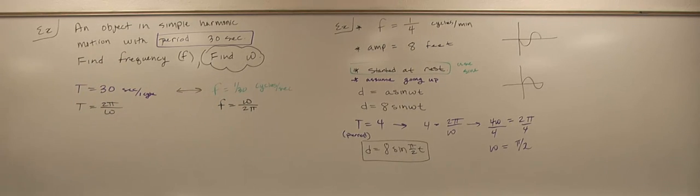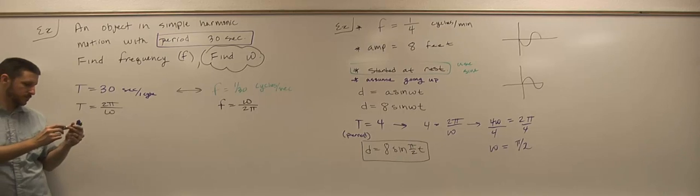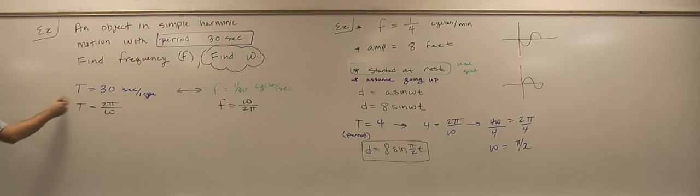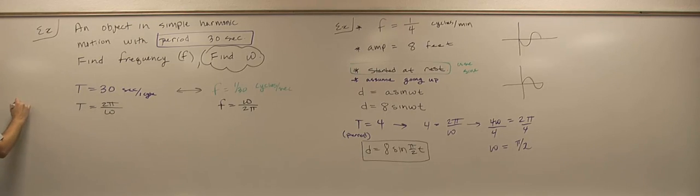I usually use this one because this is the one I remember from graphing sine and cosine. Remember in graphing, we had the formula that the period was equal to 2 pi over b. So this is the same formula, it's just with a T and an omega. So let's use this one.